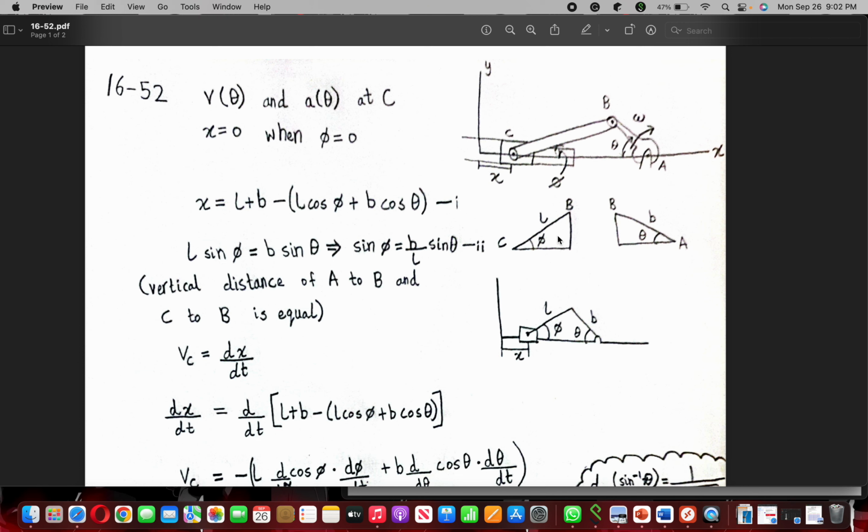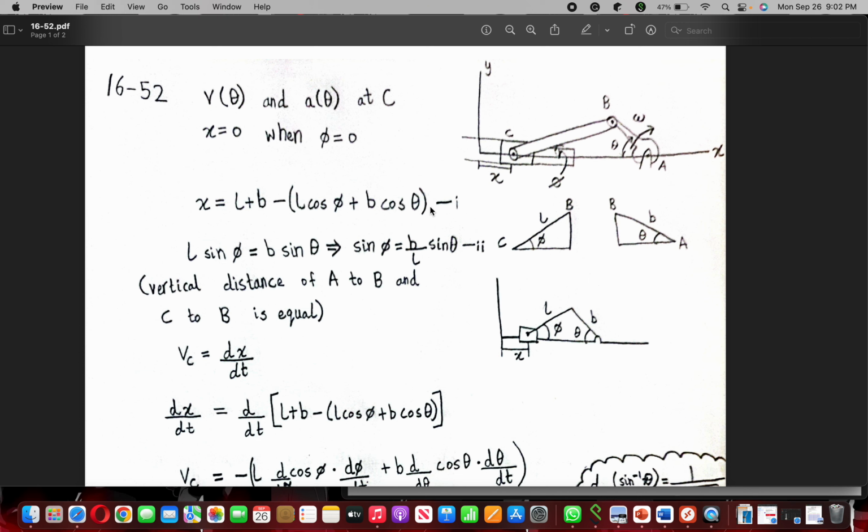So we have taken the horizontal components of these two lengths CB and AB, because the direction we're taking is the horizontal for x, because the movement of point C is horizontal.